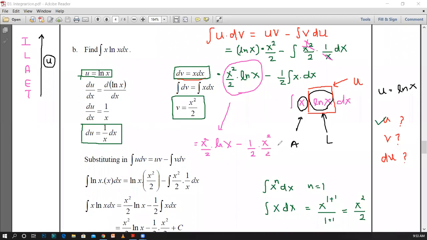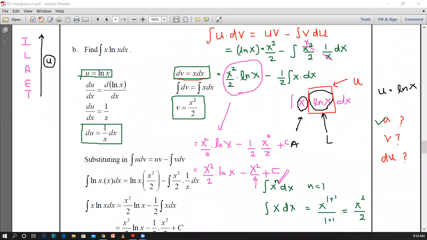Now you can add the arbitrary constant since all the integrals have finished. Then you get the final answer as x squared divided by 2 times ln x minus x squared divided by 4 plus c. This is how we obtain the final answer.